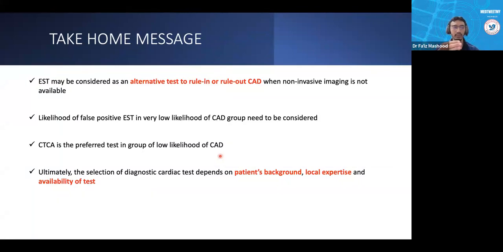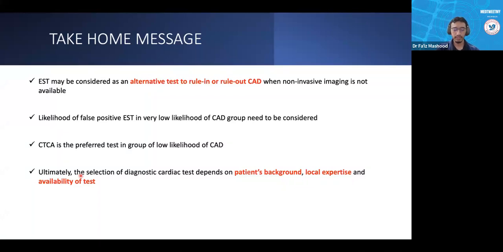That's why I said we need to exclude non-cardiac causes first before jumping to all these cardiac stress tests. And CTCA is the preferred test for the low likelihood of CAD group and for those who have no previous CAD. Ultimately, our selection of tests depends on multiple factors, on our patient's background, our local expertise, and the resource availability in our center.